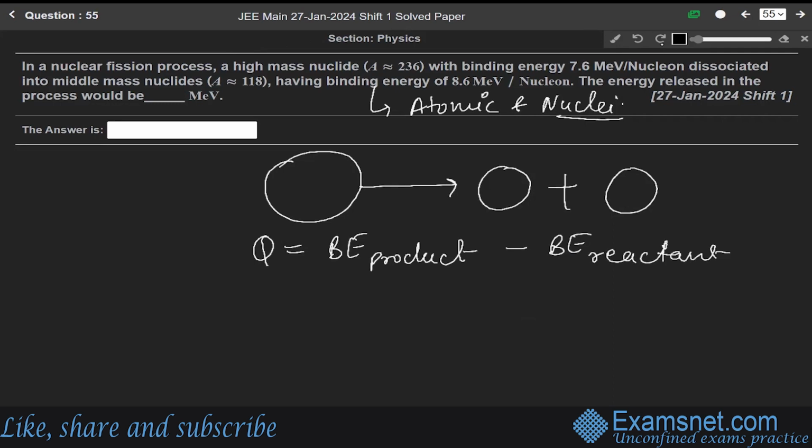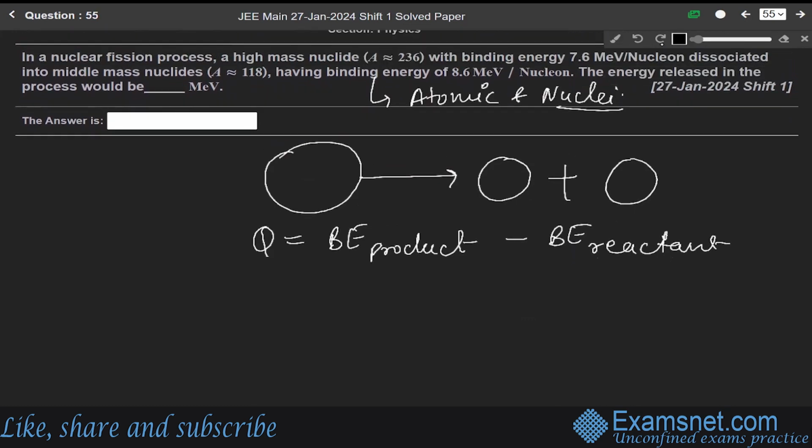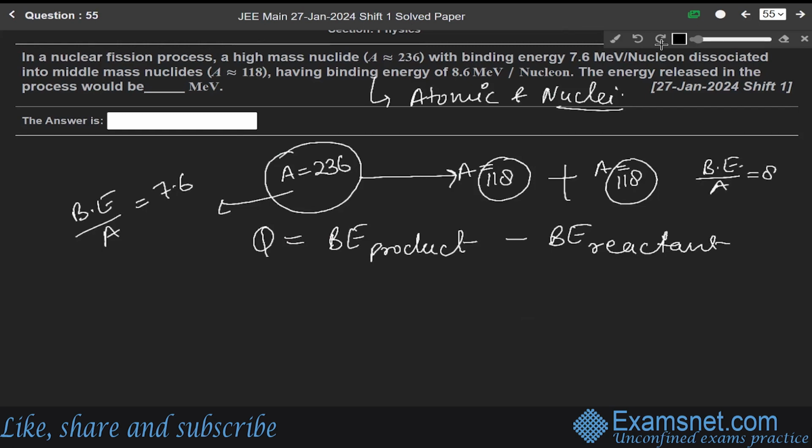Since we are given binding energy per nucleon, the mass of this nuclide is 236 and the masses of these are 118 and 118. Mass number A equals 118 and A equals 118. Now this is having binding energy per nucleon as 7.6 and these two are having binding energy per nucleon as 8.6.